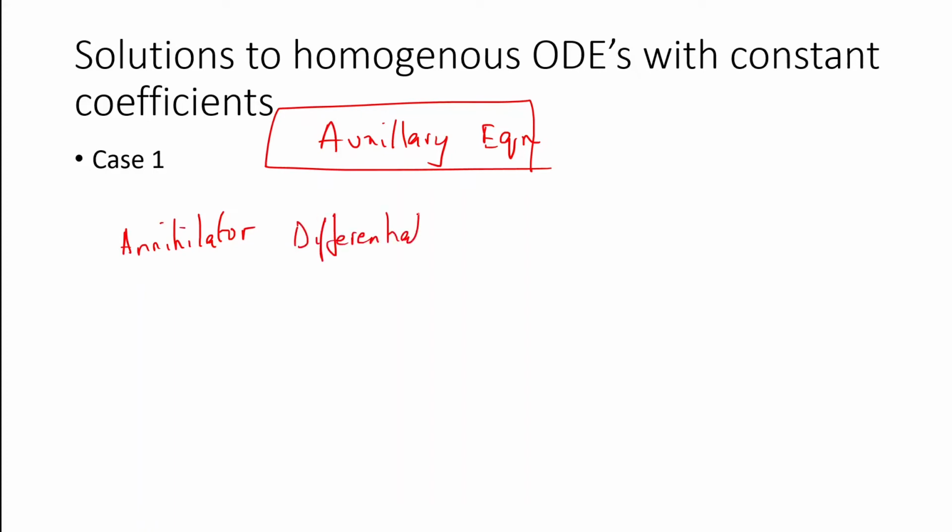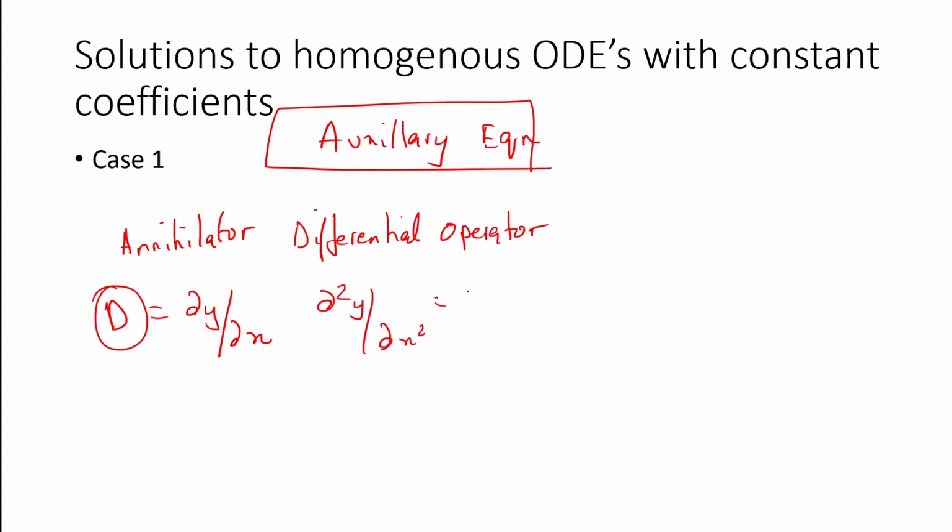It's a way of shortening the differential equation procedure using the same idea. The derivative operator, which is dy by dx, is shortened to D. That means d square y by dx square is simply written as D square, and the nth derivative y^(n) is written as D to the power n. This allows us to play with differential equations like polynomial equations.